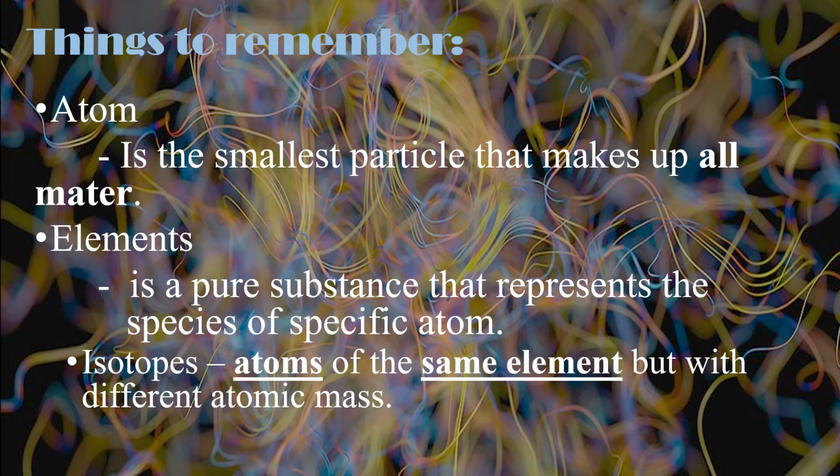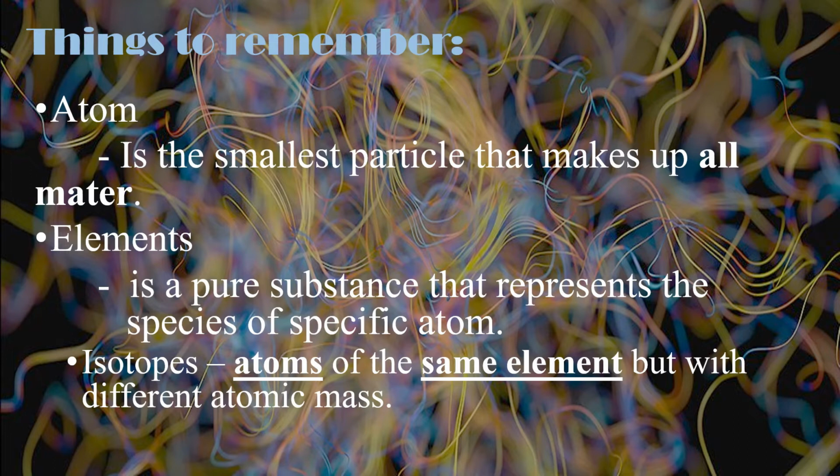There is also a term that we use in order to describe an atom, and that is isotopes. Isotopes describe atoms of the same element but with different atomic mass. So what does it mean? It only means that it is the same element but differs in atomic mass, specifically a different number of neutrons.